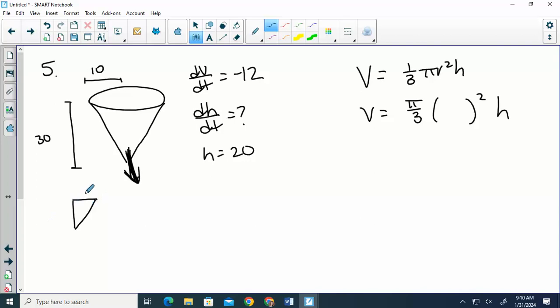My whole cone, this is the radius and that's the height, and we know our actual radius is 10 and the height is 30. So you can say r over h equals 10 over 30. We're trying to solve for r, so you can just multiply over your h. So the radius is 1/3 height.